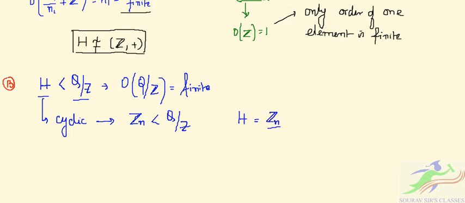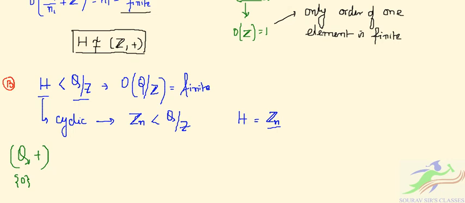So H, we can write it as H is equal to this Z. This is a subgroup of this group, and since it is cyclic, it will be isomorphic to Zn, which is also a subgroup of Q/Z. So we can write this. Now we have this Q. Okay, now only one element is of finite order, and that is the identity element.